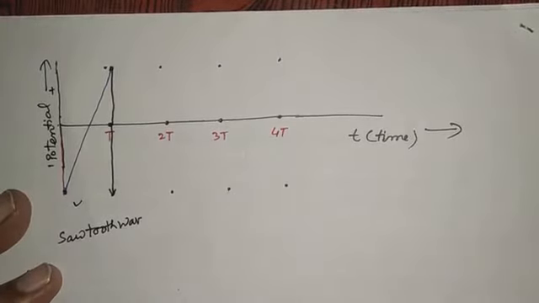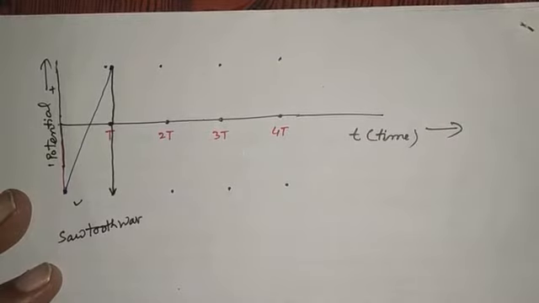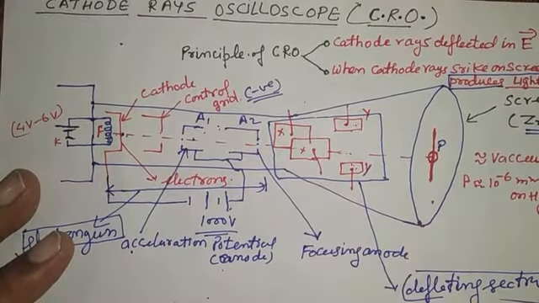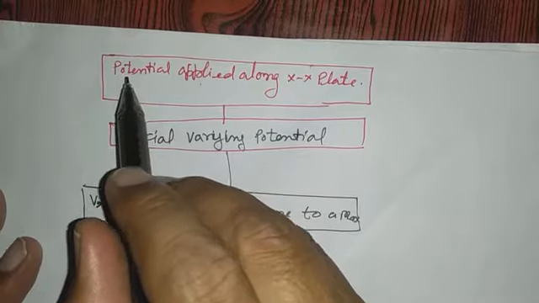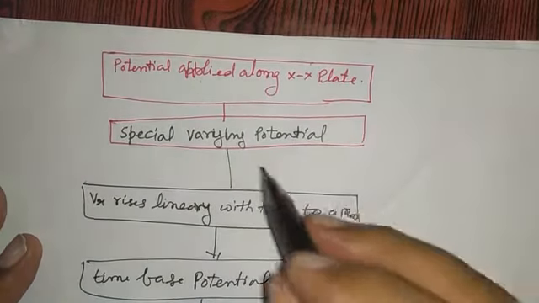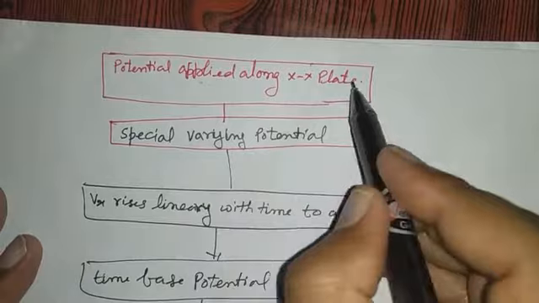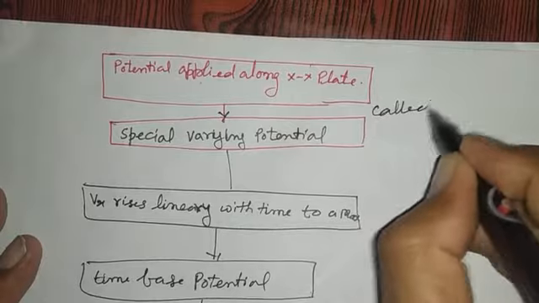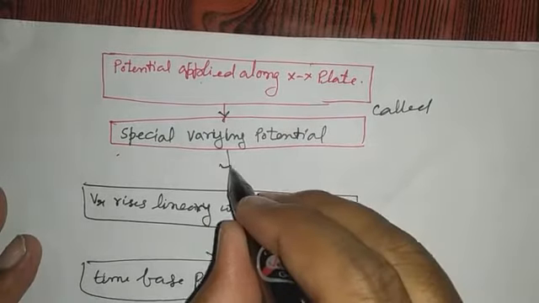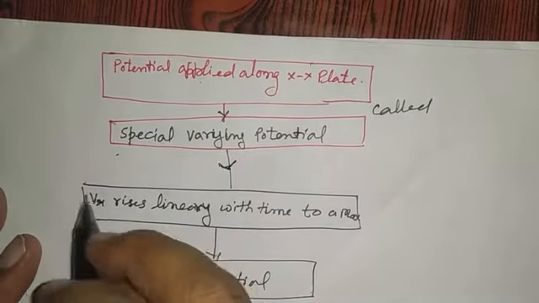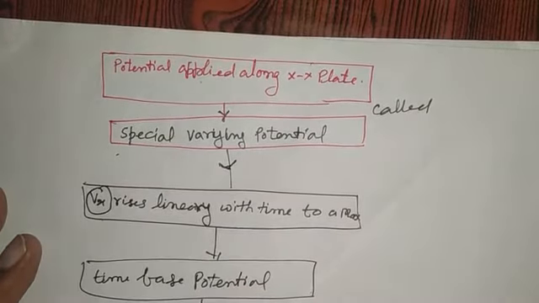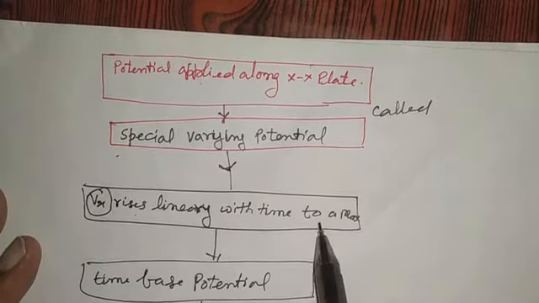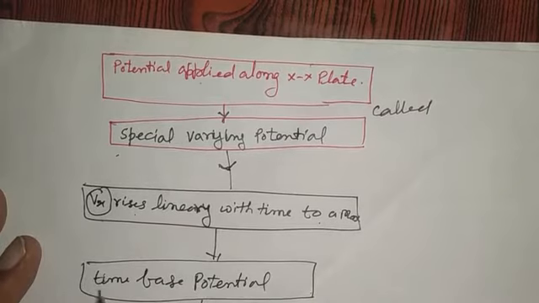See very carefully the whole procedure which took place as a result of the spatial varying potential, which follows systematically. See here in the arrow, the potential applied along the XX plates is called a spatial varying potential. Along the x-axis it is denoted Vx. It rises linearly with time to the maximum value, which is called the time-base potential.